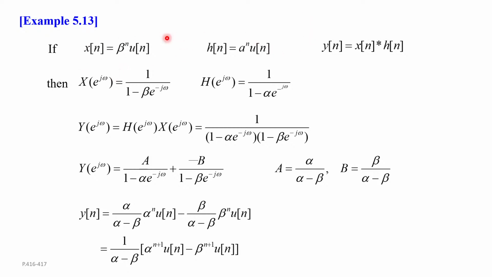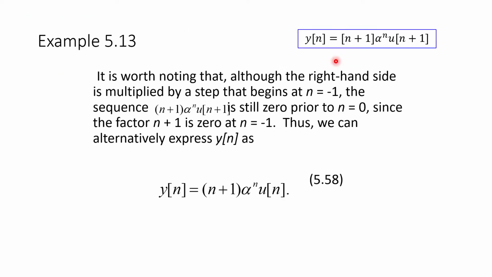This is causal and it starts at 0, so you don't expect any response before n equals 0. So why does this have a value at n equal to -1? That's because it actually has no value at n equal to -1, because when n equals -1, this n plus 1 is 0.